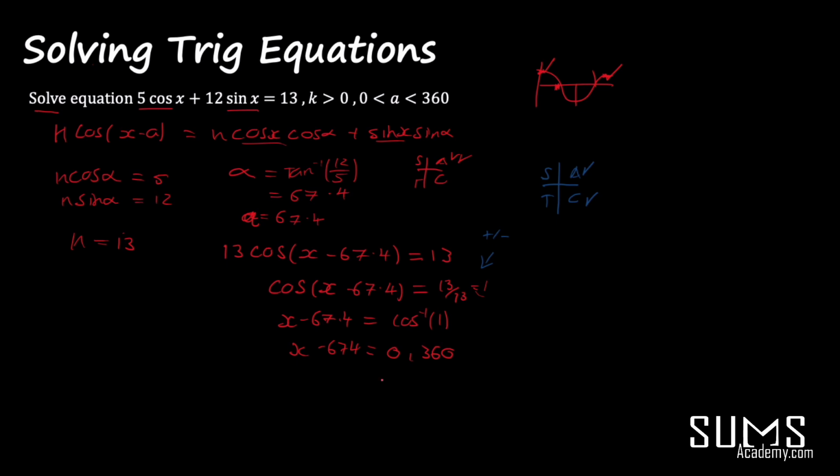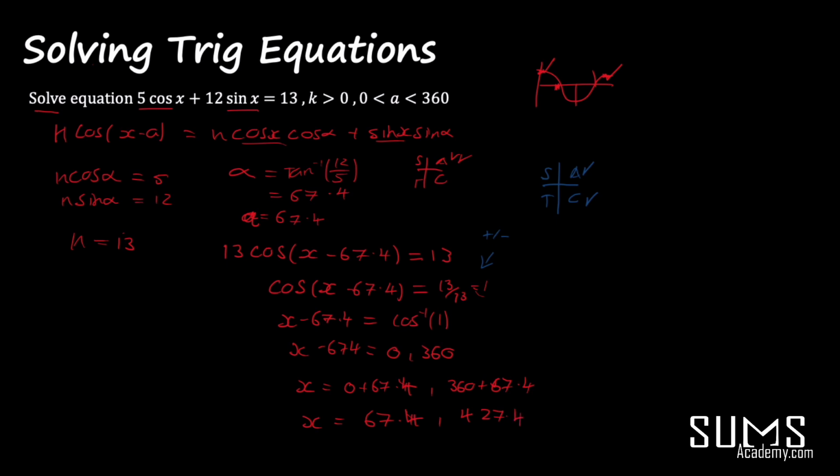Okay, so let's figure out what x is going to be. x is just going to be equal to 0 plus 67.4 and 360 plus 67.4. So x is equal to 67.4 and 427.4.